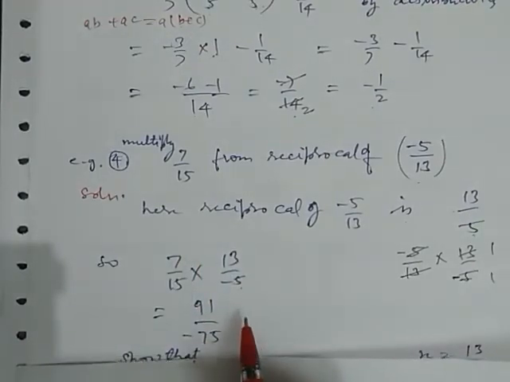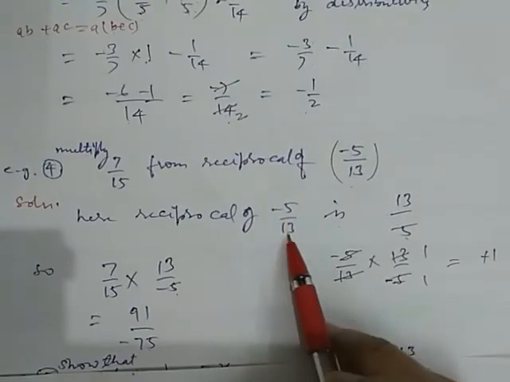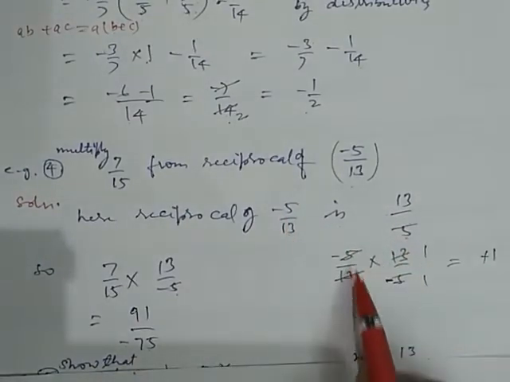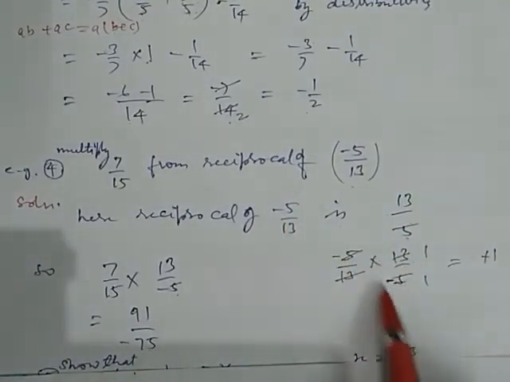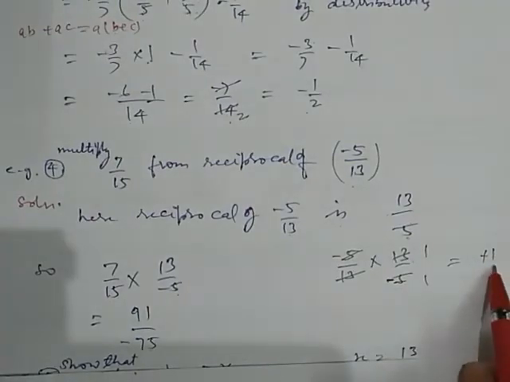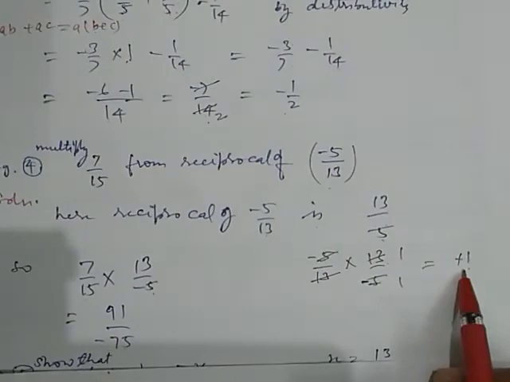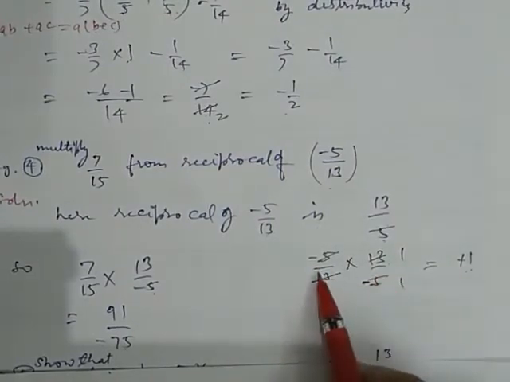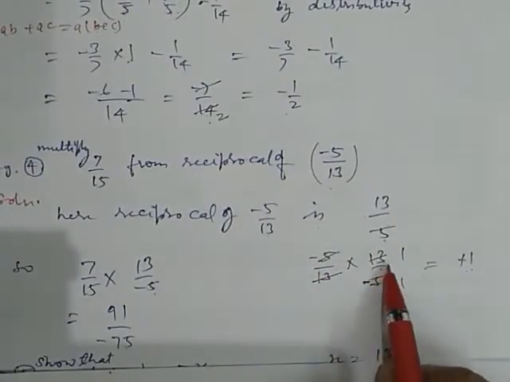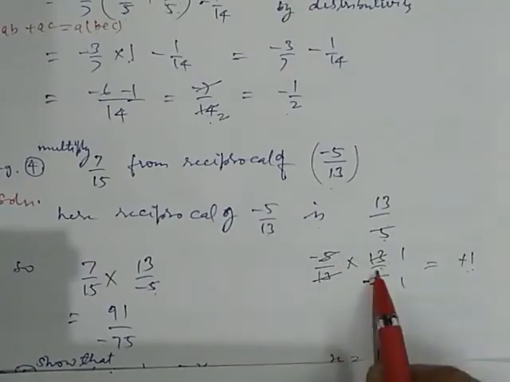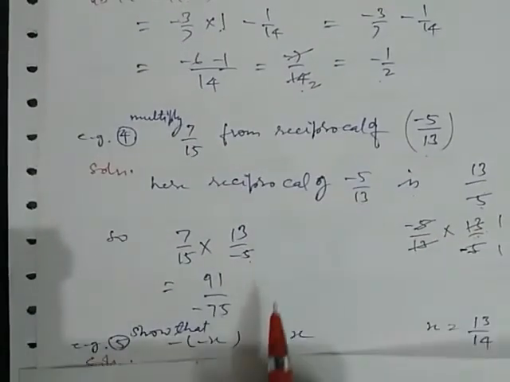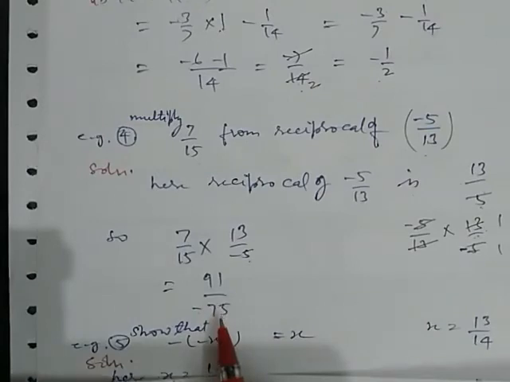This is the value of this. And first we check here: minus 5 by 13 and 13 by 5. When we multiply both, they cancel out and we get 1, which is the multiplicative identity. So both these numbers are reciprocals of one another. So this is the answer.